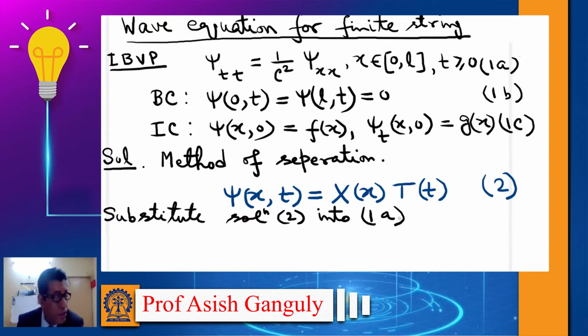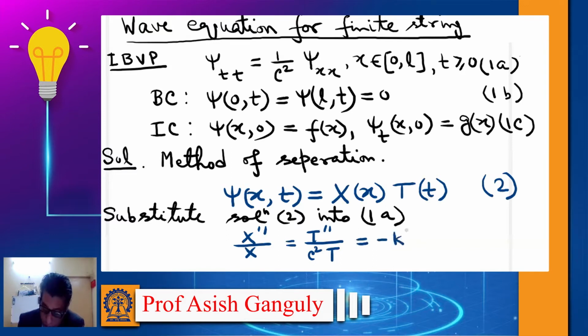So that you will get two eigenvalue equations. You know that. After putting, you will get X double dash by capital X equal to T double dash by c square T. Both sides must be separately constant.